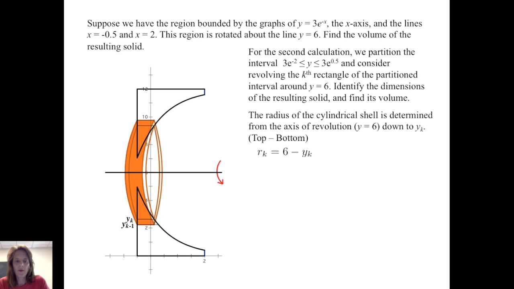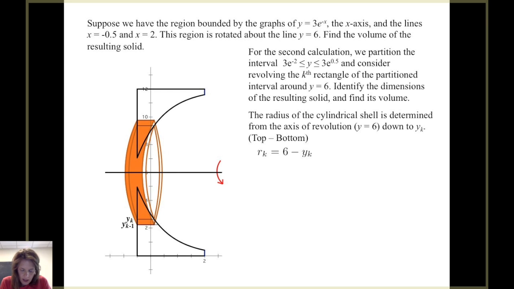Okay. Now the radius of the shell comes from the axis of revolution down to y sub k. So I can simply calculate the greater minus the lesser, or the top minus the bottom, so that's 6 minus y sub k. The height of this shell is based on the x value when I've got y sub k minus x equals negative 1/2.